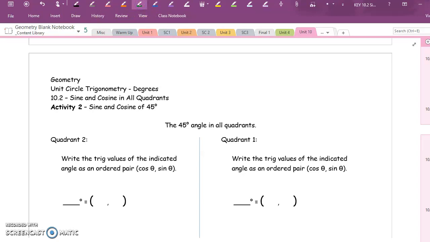I know that my 45-degree angle, if I look at my left hand, put down my middle finger, remember they both have a denominator of 2 because all of them have a denominator of 2 except for the axes. And on top I see 2 fingers, so we have square root 2 over 2. And on the bottom of my fingers I see another 2, so we have square root 2 over 2. So 45 degrees is root 2 over 2, comma, root 2 over 2. And again, this goes cosine, comma, sine.